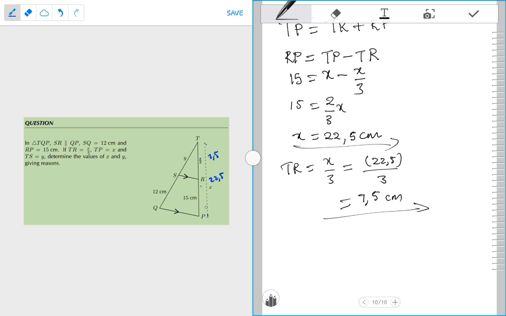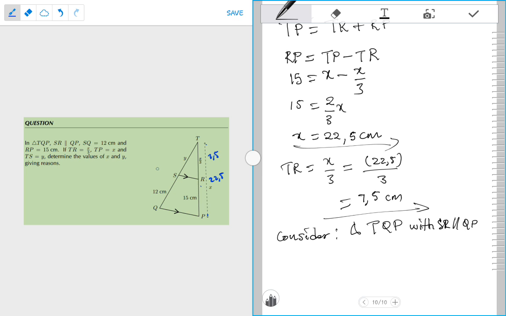Then now consider the whole triangle, which is triangle TQP, with SR parallel to QP, okay.